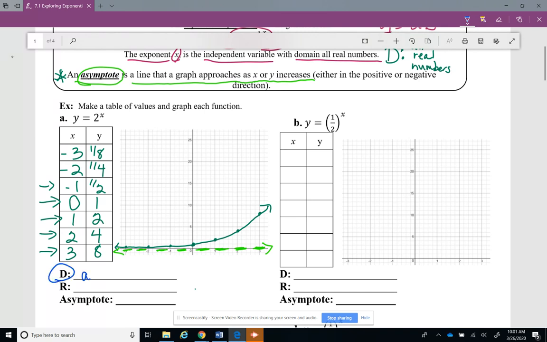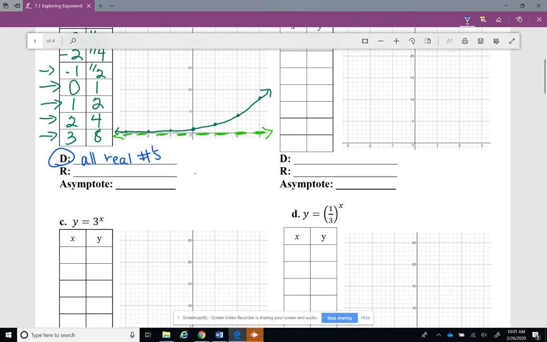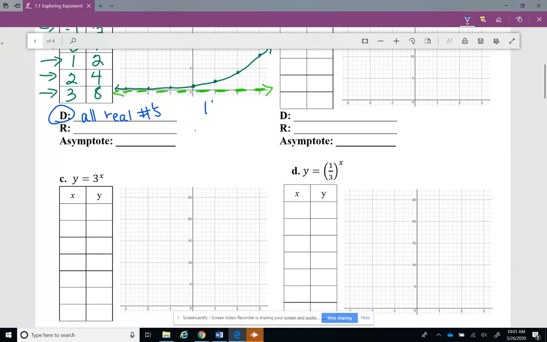All right, so we already said that the domain is going to be all real numbers. So I'm going to write all real numbers. All right, our asymptote, let's look at it. Our asymptote is a horizontal line. So I taught my classes, HOI. H stands for horizontal line. O stands for the slope is 0. And I stands for it will be in y equals form. So the asymptote is horizontal.